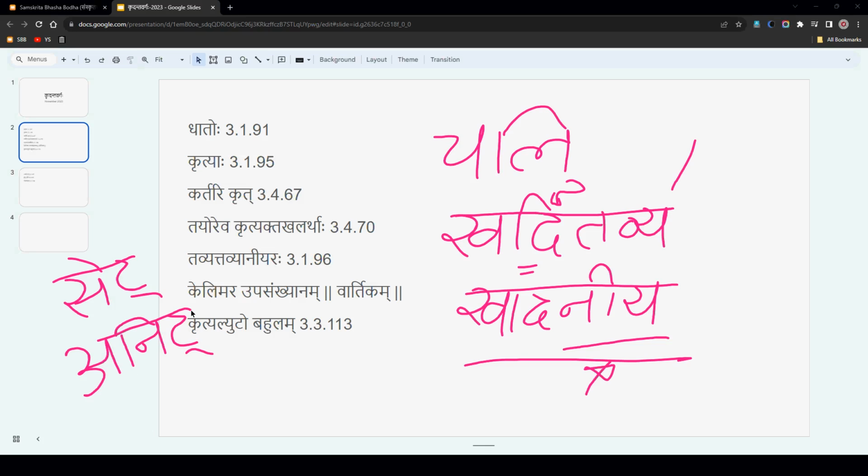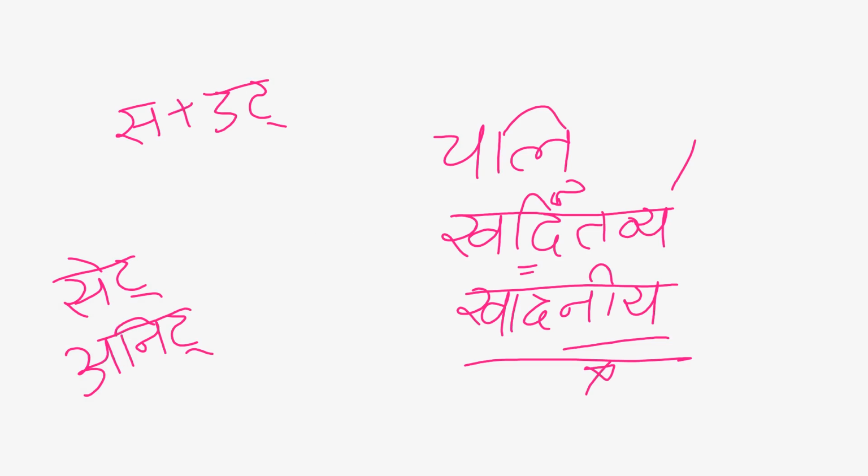Set means Sa plus It. When used with certain pratyayas, the dhatu gets the it pratyaya.